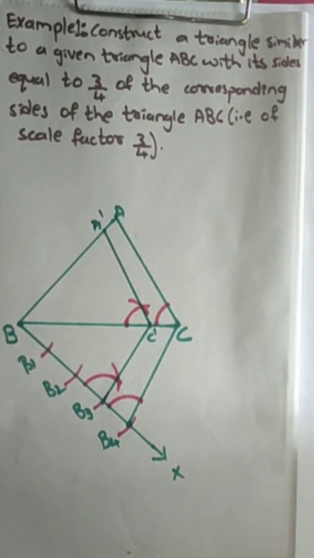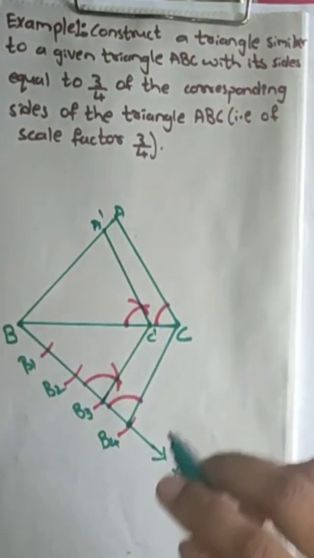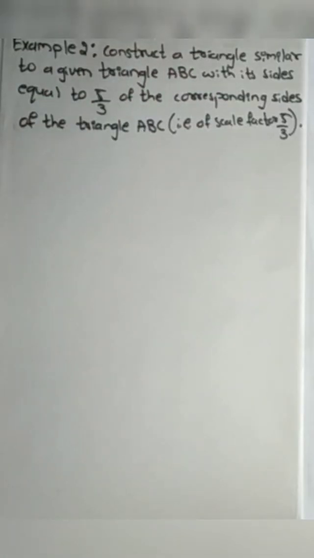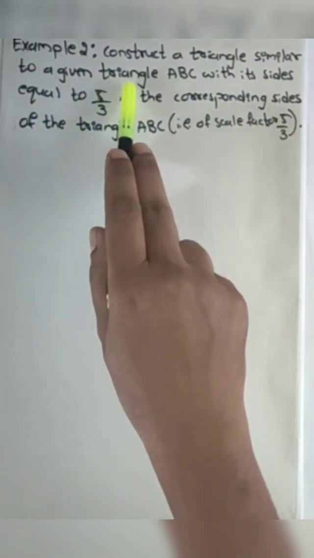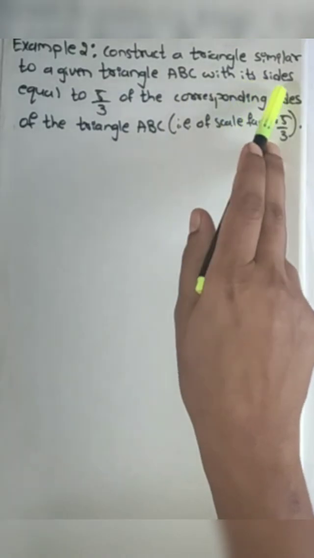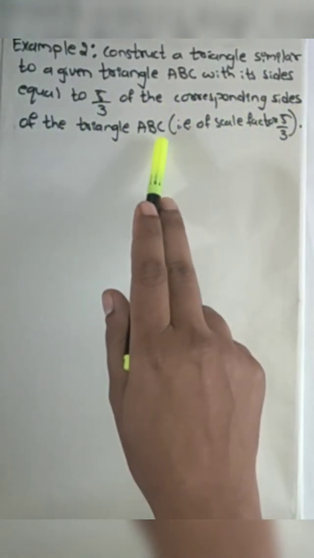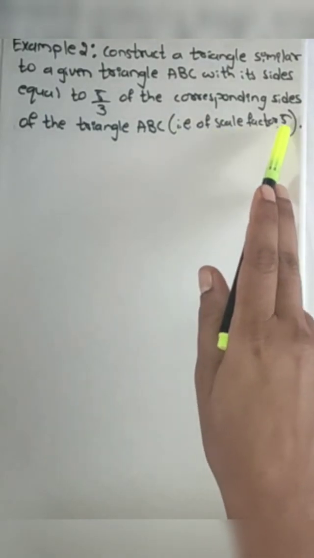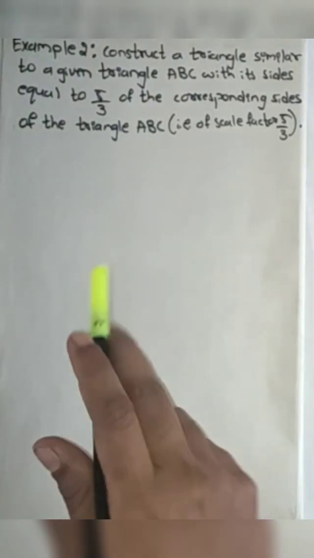Now the steps of construction and justification they have given in the textbook. Now example 2: construct a triangle similar to a given triangle ABC with its sides equal to 5 by 3 of the corresponding sides of the triangle ABC, that is, scale factor of 5 by 3. Now again they have not given any measurement of the first triangle here.